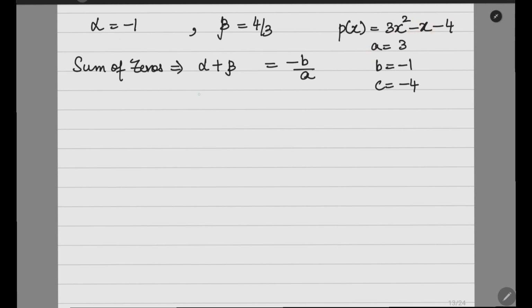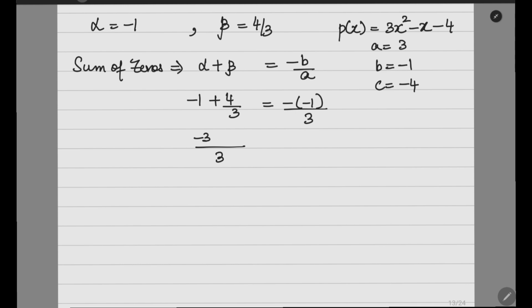What is alpha plus beta? Alpha is nothing but minus 1 plus 4 by 3, which is equal to minus b by a. What is minus of minus 1 by what is a? It is 3. I'm just substituting. So take 3 as the LCM.